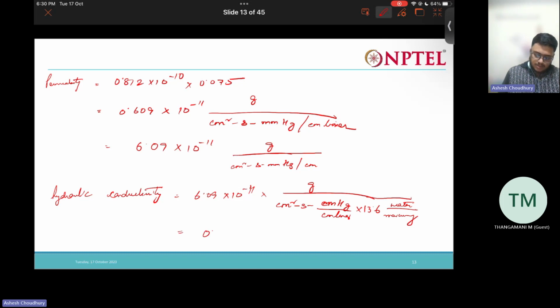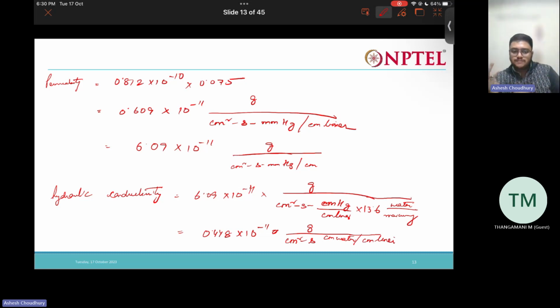This will come out to 0.448 into 10 to the power minus 11 gram per centimeter second, cm water per cm liner. Okay, so mmHg we converted to cmHg, and cmHg then we converted to cm water. Now it came to cm water per centimeter liner.